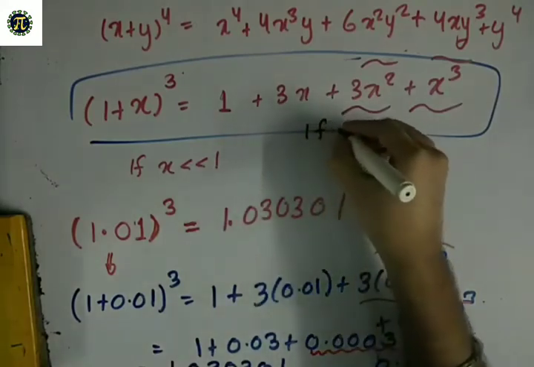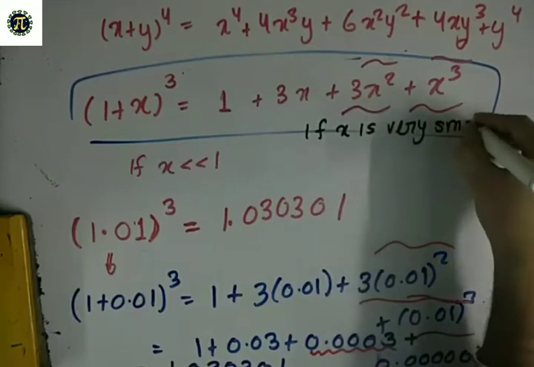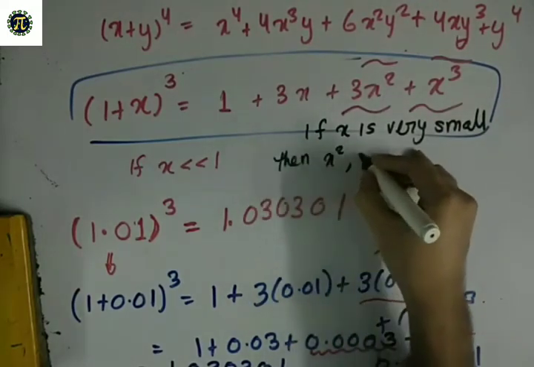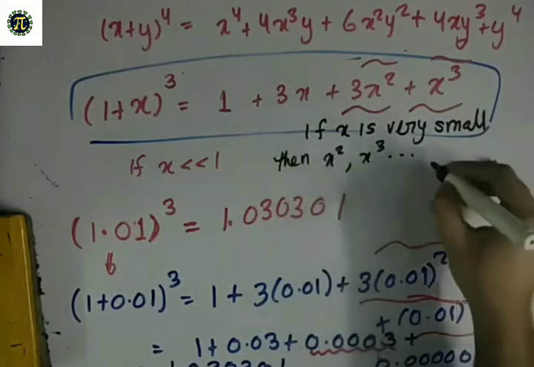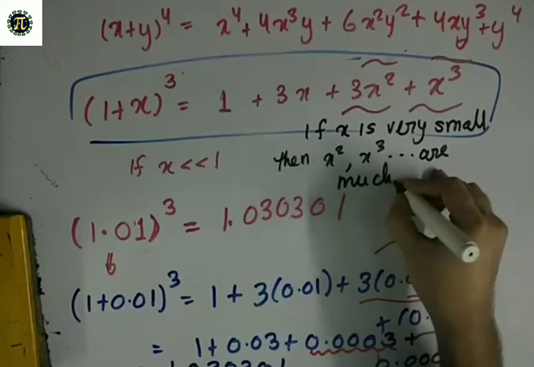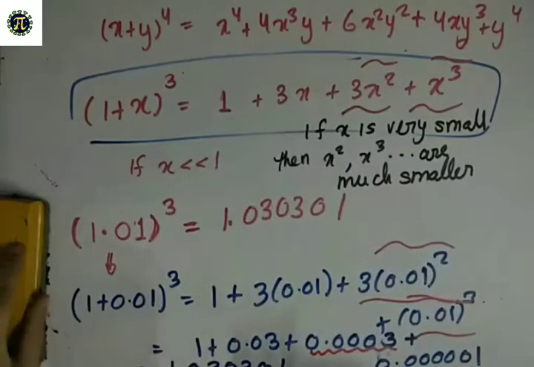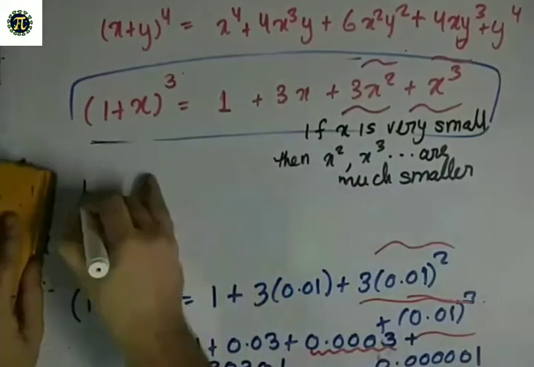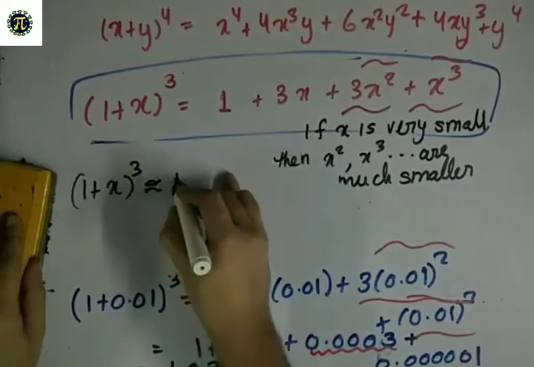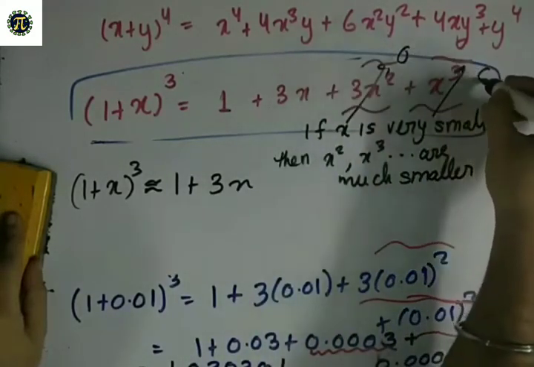So if x is very small, then x square, x cube and all those higher terms are much smaller, so I can neglect them. In this case, for example, 1 plus x whole cube can be approximated as 1 plus 3x, because I can say this is approximately 0, this is approximately 0.